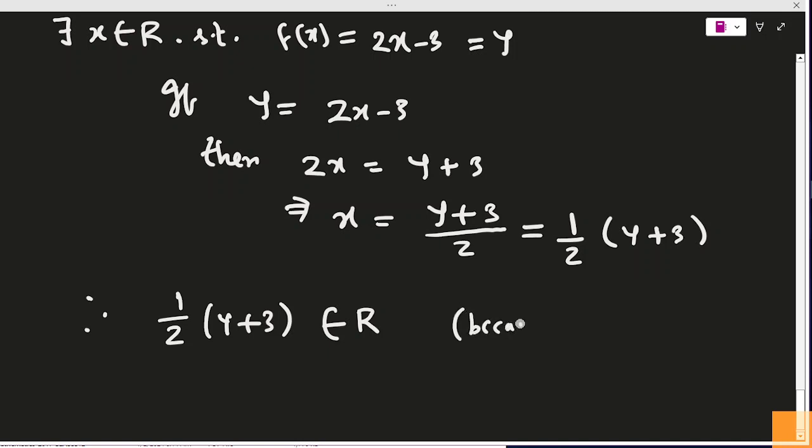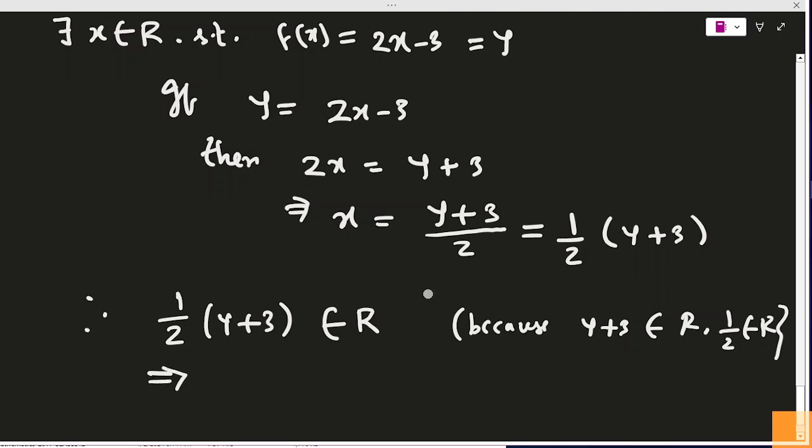Because y plus 3 belongs to R, half belongs to R, so इन दोनों का multiplication भी belongs to R होगा, right?